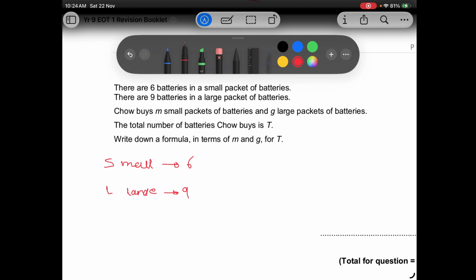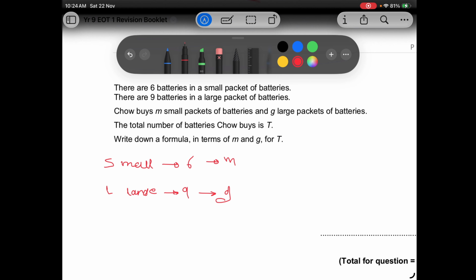Chow buys small buckets of batteries. M is the number of small buckets and G is the number of large buckets. So how many small buckets are there? M. How many large buckets are there? G. And T is the total number of batteries.